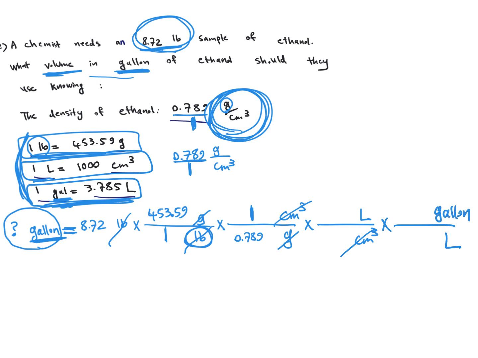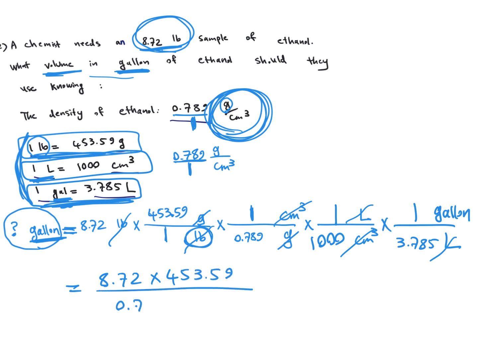So 1 liter is 1,000 cubic centimeter, and then 1 gallon is 3.785 liter. These two cancel out, you see? So my final answer would be 8.72 multiplied by 453.59 divided by 0.789 multiplied by 1,000 multiplied by 3.785, and that would be this much gallon.